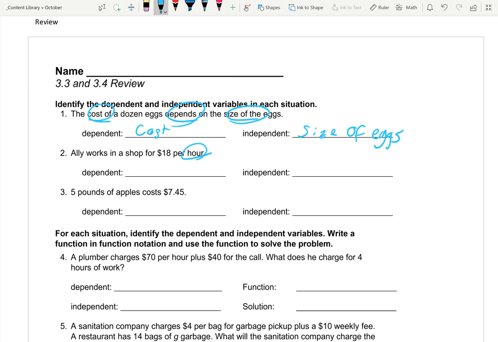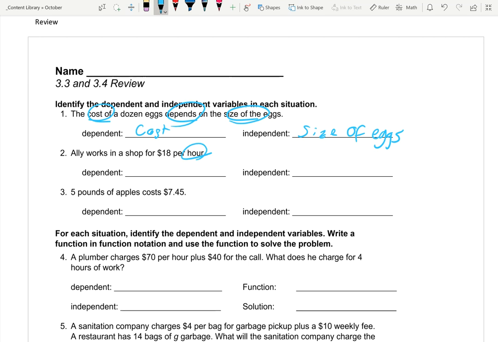Another way of thinking about this is, what do you have control of, right? Whatever the independent variable is, something that you'll have control of, that you can change, that will affect something else. So here, Allie can change the number of hours she works, and in turn, that will affect the amount of money she's paid overall.